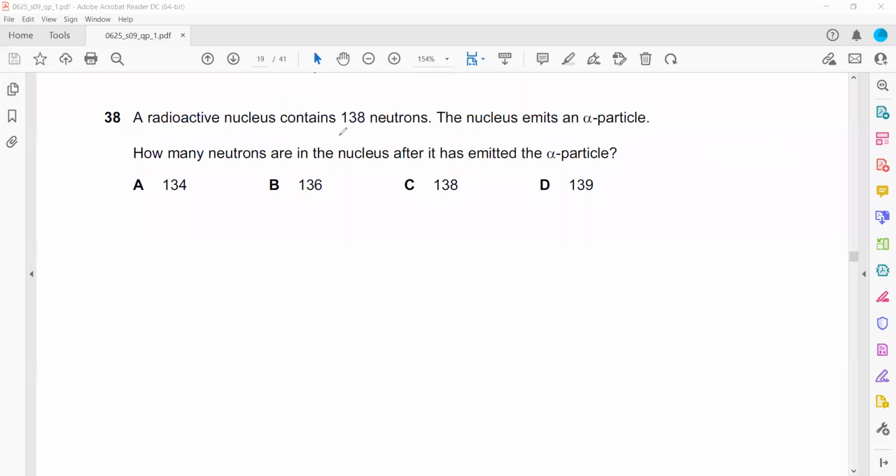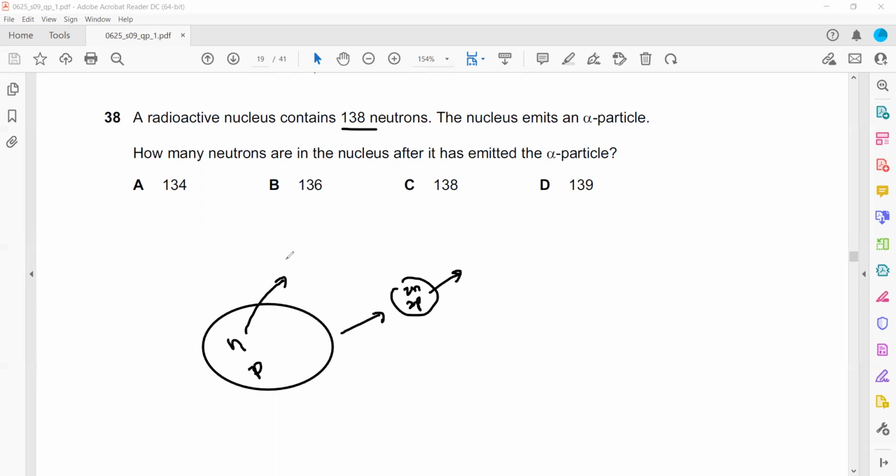A radioactive nucleus contains 138 neutrons and emits an alpha particle. So when an alpha particle is emitted, what will happen? If I draw the nucleus, alpha particle means 2 protons and 2 neutrons are coming out. So the neutron number should decrease by 2, and the proton number should also decrease by 2.